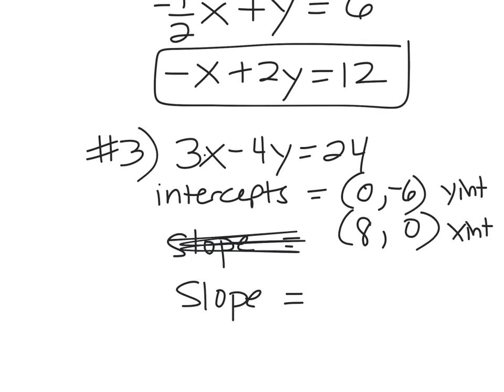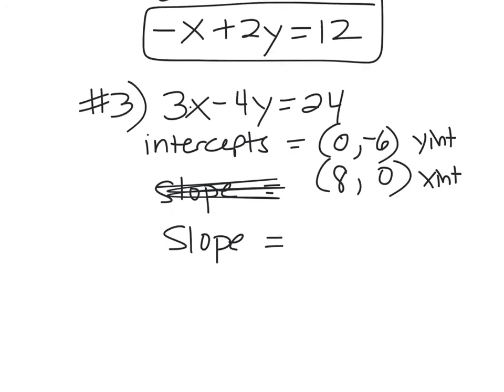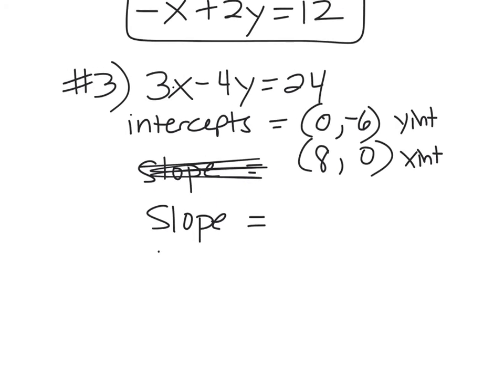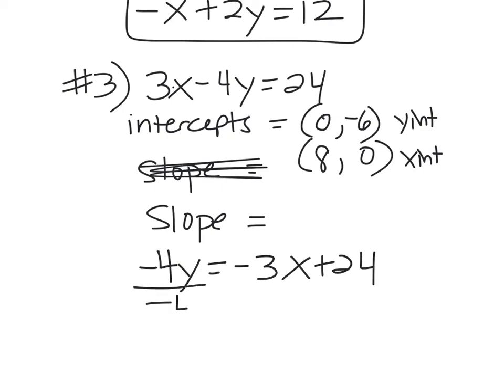All right, so now let's find the slope. There is a formula, but do you really want to memorize anything else? No. If I were you to find the slope, I would just solve for y. So let's subtract 3x to the other side. So I have negative 4y equals negative 3x plus 24. And then divide everybody by negative 4.